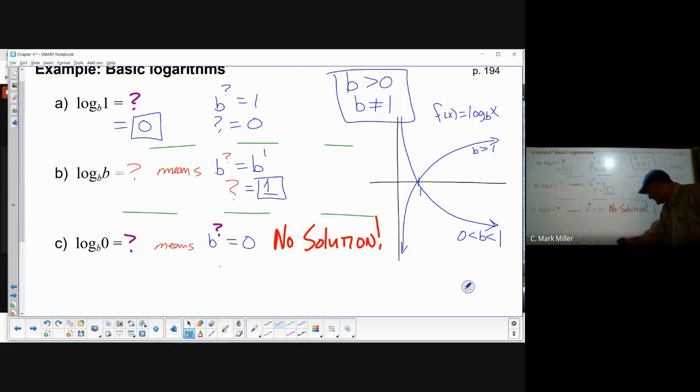In either case you have a vertical asymptote, the y-axis.